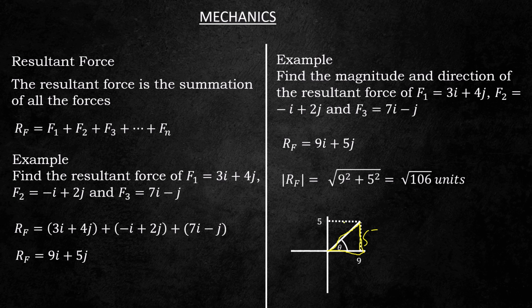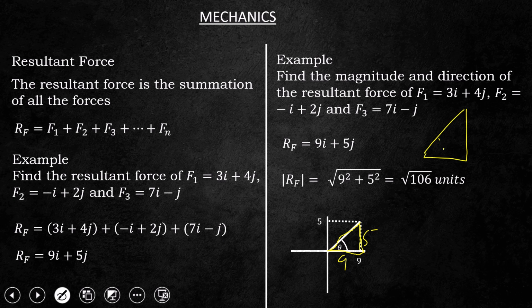And the adjacent is 9, from the 0, 0 until you get to the 9. So I have a right angle triangle where this is my theta, I have 9 over here, and 5 over here.